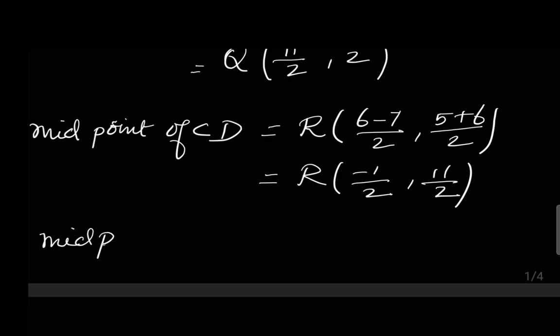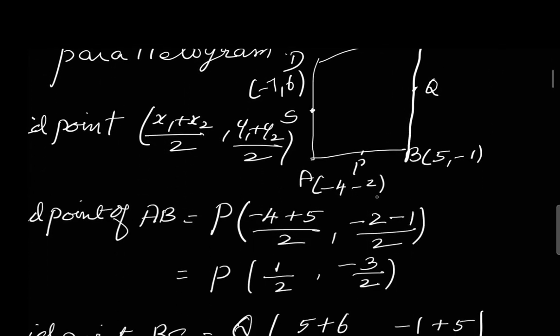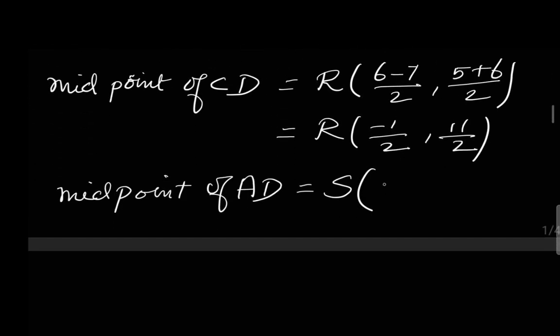Next is the midpoint of AD, which we mark as S. Take the coordinates of A (-4, -2) and D (-7, 6). So minus 4 minus 7 by 2, then minus 2 plus 6 by 2.